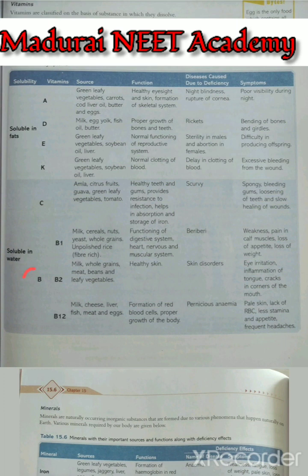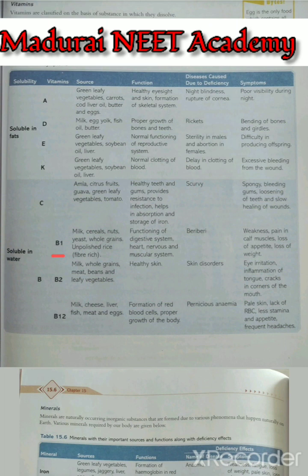Next is another main water soluble vitamin, B, which includes various types: B1, B2, B12. We have B6 also. Here you are going to see only B1, B2 and B12. B1 is found in milk, cereals, nuts, yeast, whole grain and unpolished rice.